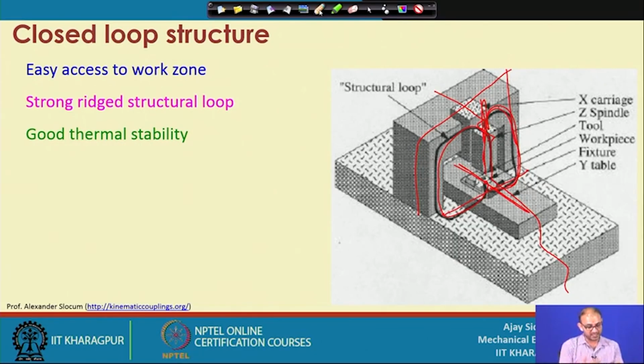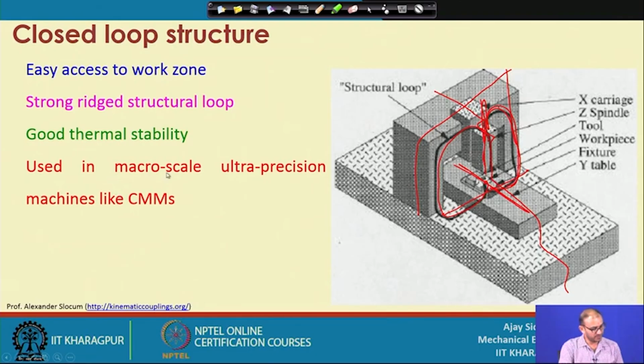If there is a large variation in temperature, because of the symmetric structure your tool will not deviate from the center of the axis. We have seen in the previous 2-3 lectures how the deviation of the tool can be affected by the variation in temperature. So, symmetric structures are very important for this type of micro machining operation.